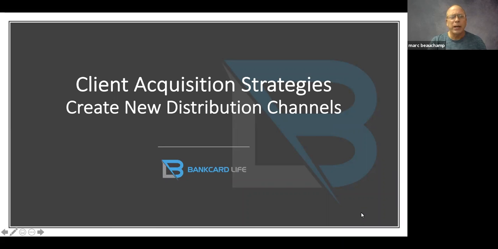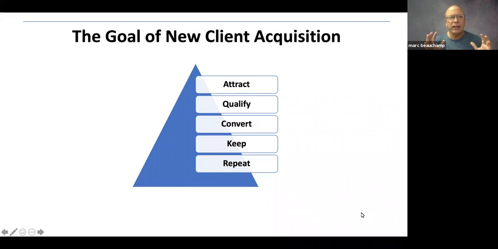And I want to talk about this idea of branching out your business and building out these distribution strategies. So the goal of client acquisition, of course, is to attract, qualify, convert, and keep as many clients and merchants as we can, and repeat the process, right? I've been talking about this on prior webinars.